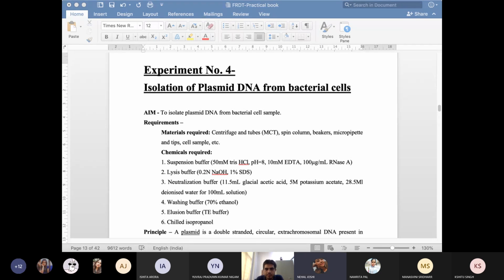Sir, chromosomal DNA replicates with the genome, whereas the plasmid DNA replicates independent of the genome. Yeah, but how will this replication property help us in separating these two DNAs? Other than this? Sir, plasmid is double stranded, whereas chromosomal DNA can be single or double.